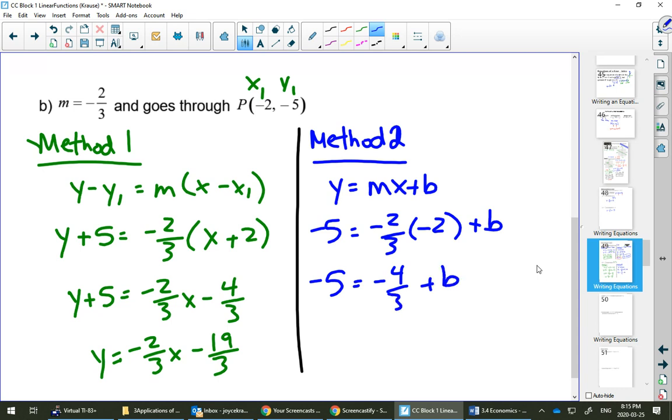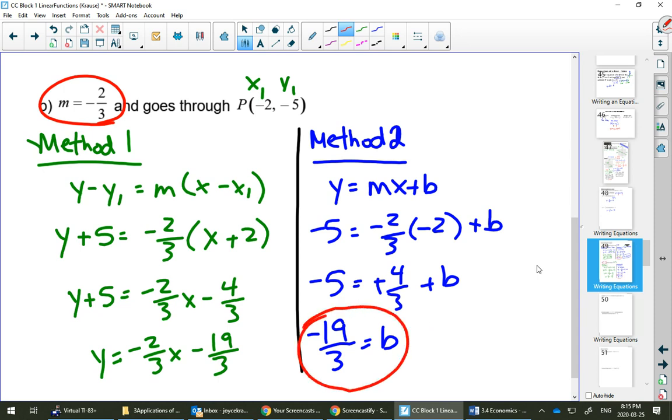And so -5, take away 4/3 is going to give me -19/3. Once we have our slope of -2/3 and our y-intercept of -19/3, our equation is y equals -2/3 x minus 19/3.